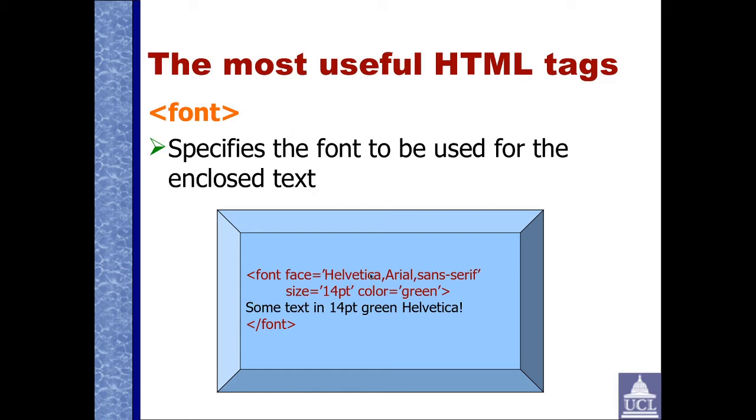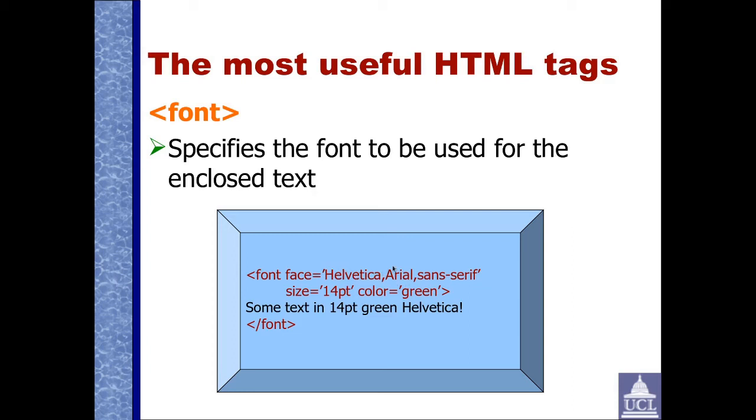Now here we actually have a list of different fonts, because remember that the web needs to be platform neutral. So some people might be using a Mac, some people might be using Windows, some people might be using Linux, and so on. So we can specify a list of fonts in order, and this means use Helvetica if we've got it.